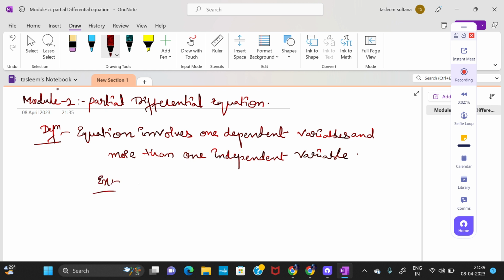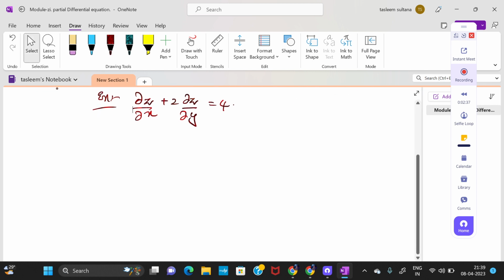For example, dou z by dou x plus 2 into dou z by dou y equals 4. This dou stands for partial differentiation, where d stands for an ordinary differential equation.